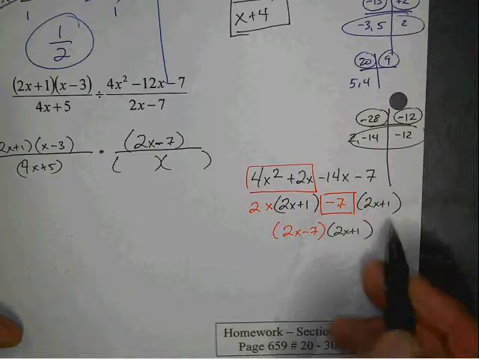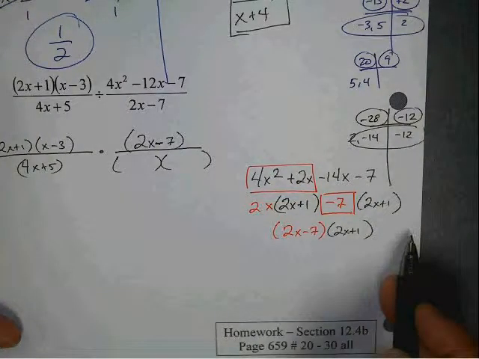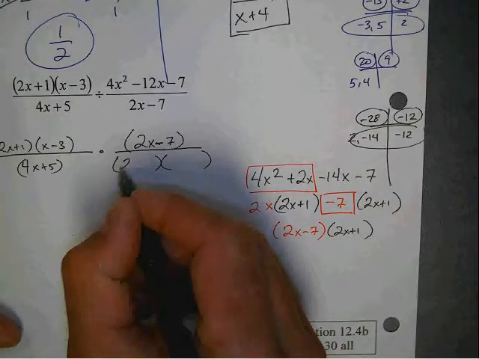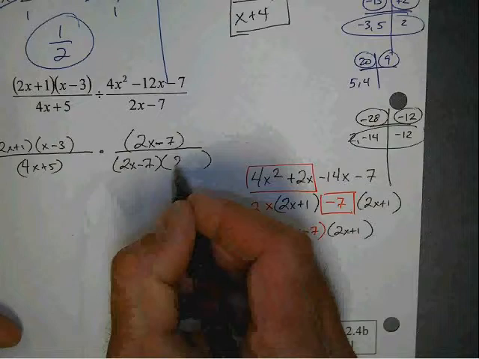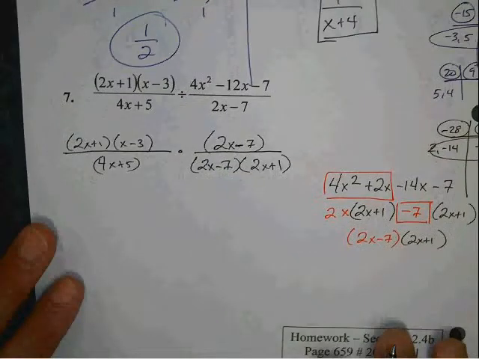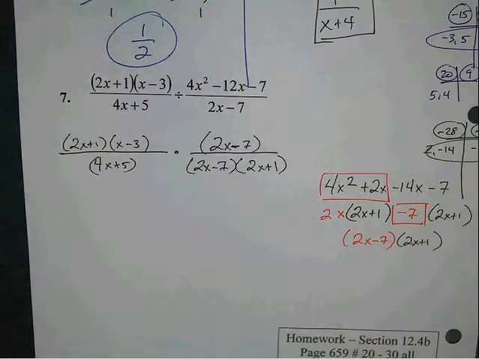What do I do with this information? Where's that going to go? In our parentheses. 2x minus 7, 2x plus 1. Are we surprised that those are our factors? Look what's already there. Look at the top. Is there already a 2x minus 7 there?